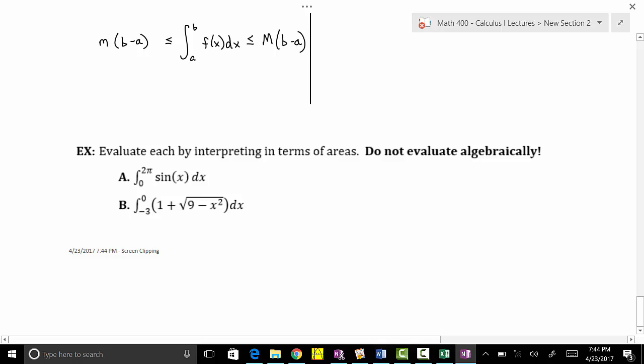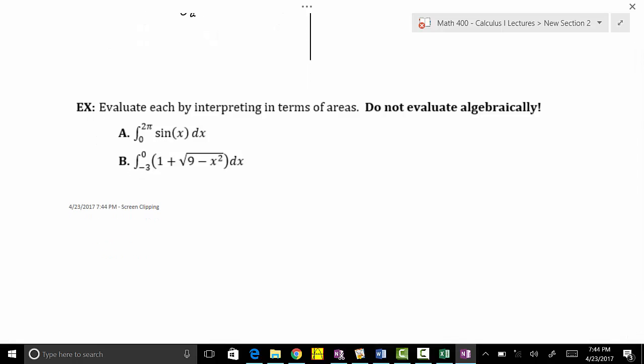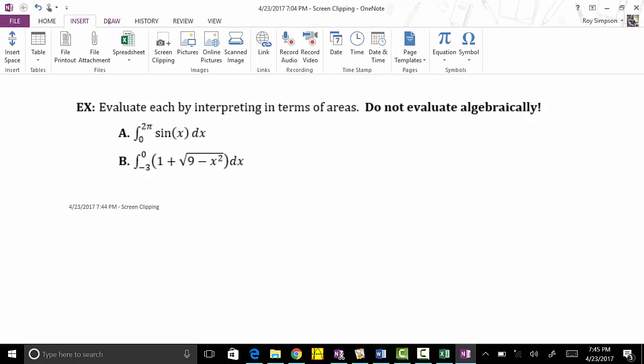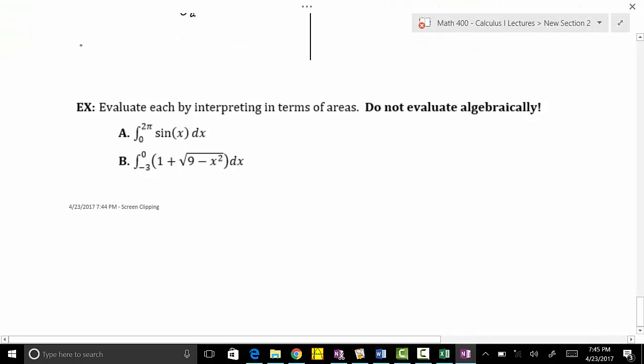So let's go ahead and evaluate some integrals by interpreting them in terms of areas. Maybe you don't know that, but it is very common to be asked to find the value of a definite integral by first looking at areas.